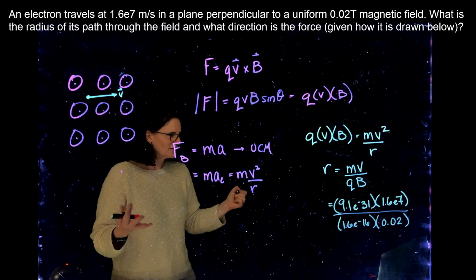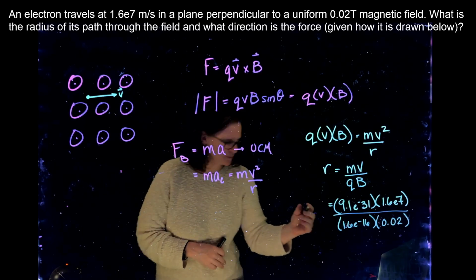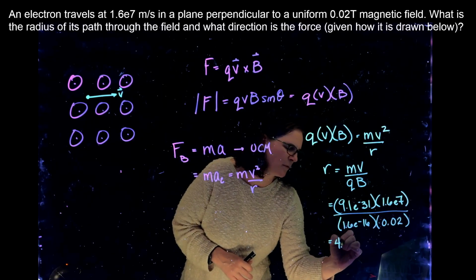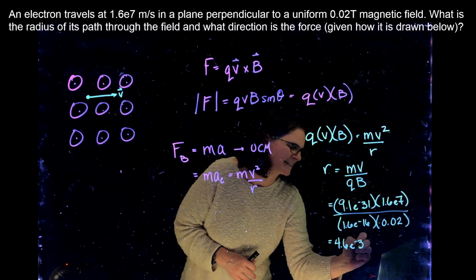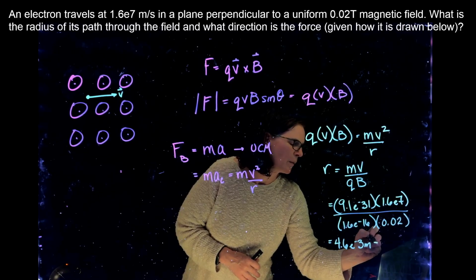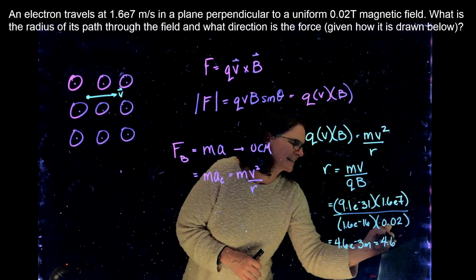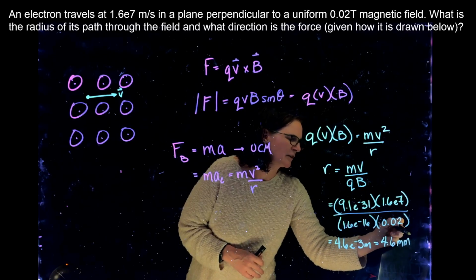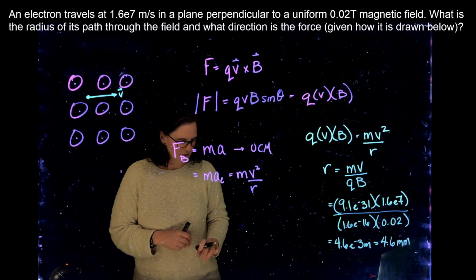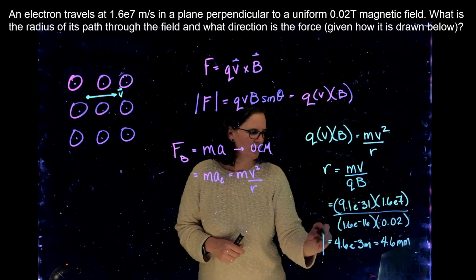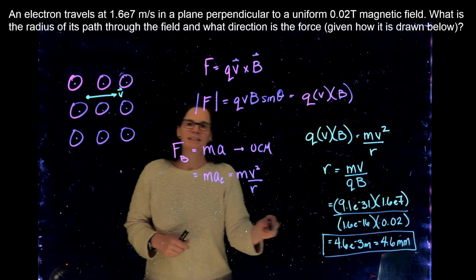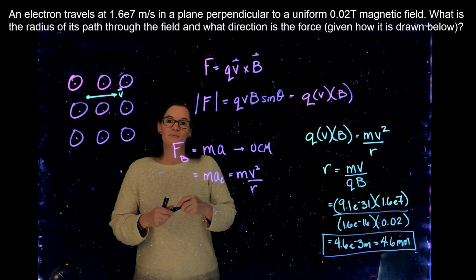So solving for that, we get our radius to be 4.6 times 10 to the minus 3 meters, or 4.6 millimeters.